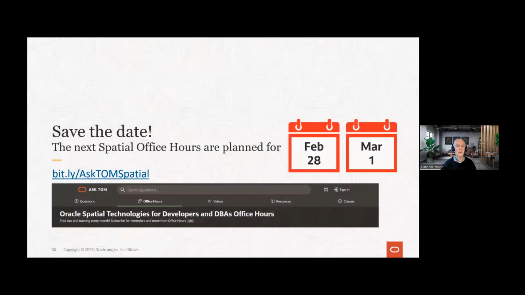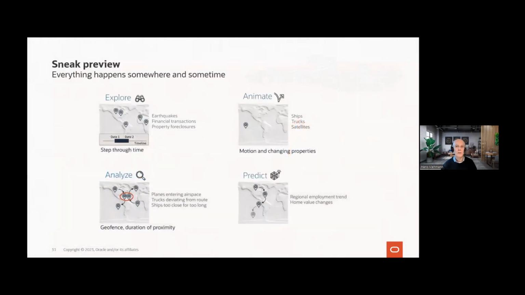Okay. All right. In the interest of time, let me just quickly move on to the last slide I have, which is the save the date. There was a question earlier on about more information on the network data model and queries on road networks or rail networks for that matter. We will be talking about, and that's the sneak preview here, David Lapp actually will be talking about spatial data in conjunction with time as the fourth dimension.